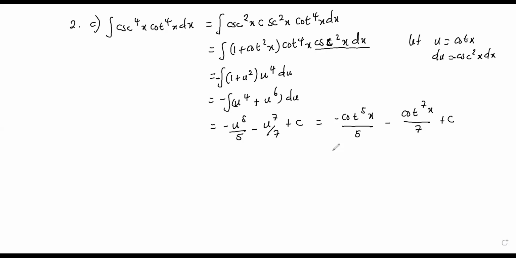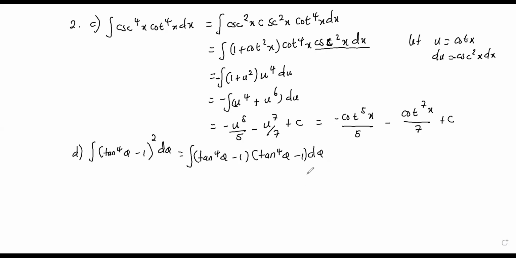Then D. How does D look like? The integral of tan 4 theta minus 1 squared d theta. So the fact that it's squared, it means that we need to write it as tan 4 theta minus 1 multiplied by tan 4 theta minus 1 d theta.